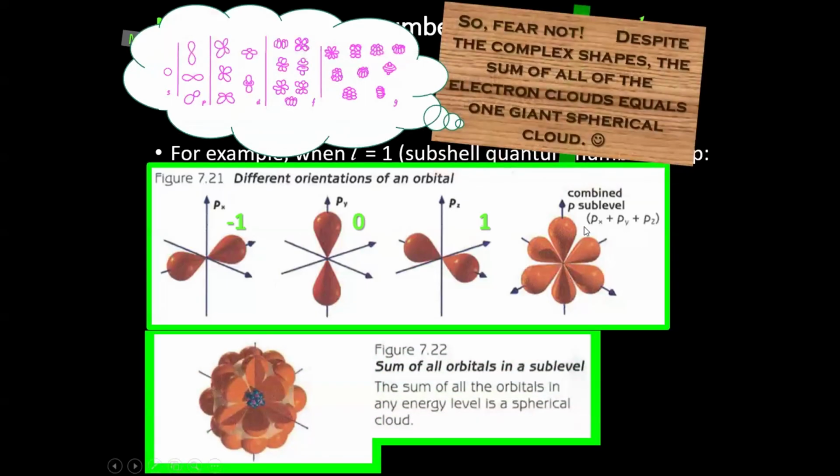Now, when all of those subshells, not just the p, but the s, the p, the d, the f, whatever places that atom has, all the electron orbitals, everything is covered. If it's a really tiny atom and it only has the s orbital, that's the only place the electrons will be.